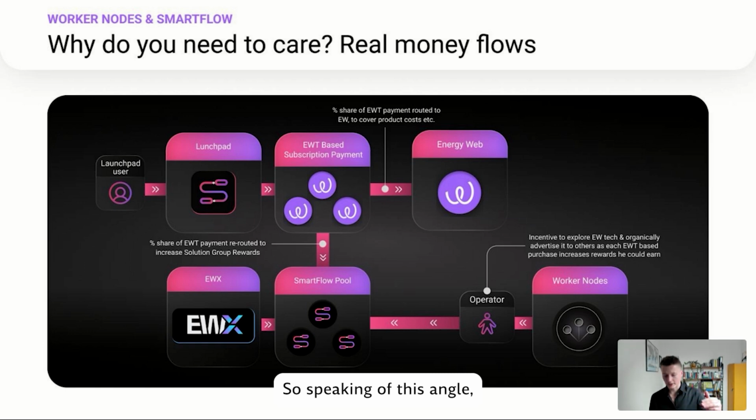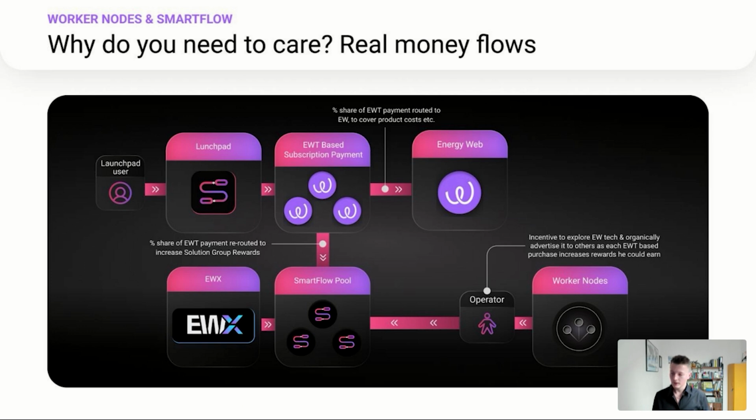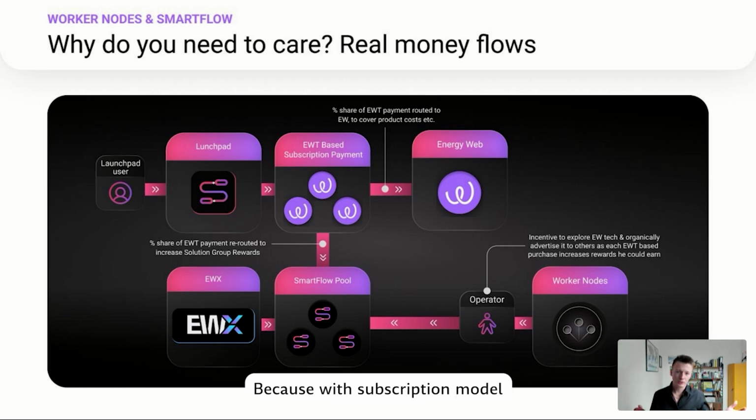So speaking of this angle, you can think about this as our first step of introducing a slight shift in the economic model here, because with a subscription model, you have not a single payment, but a recurring one. And this effect will obviously compound over time. And therefore, the more subscriptions there are, the larger the portion of this EWT that will be rerouted back to the solution groups.